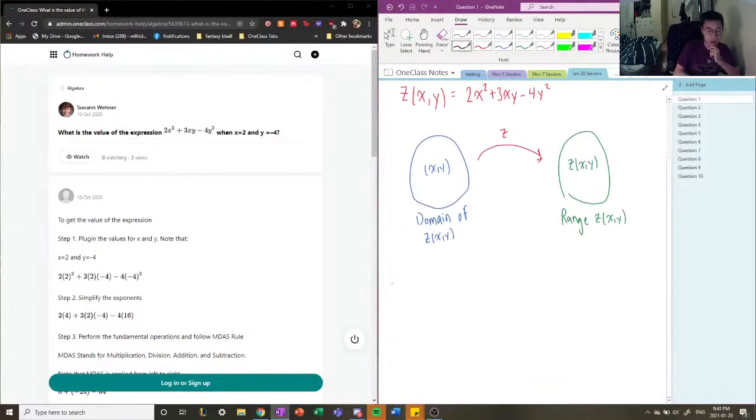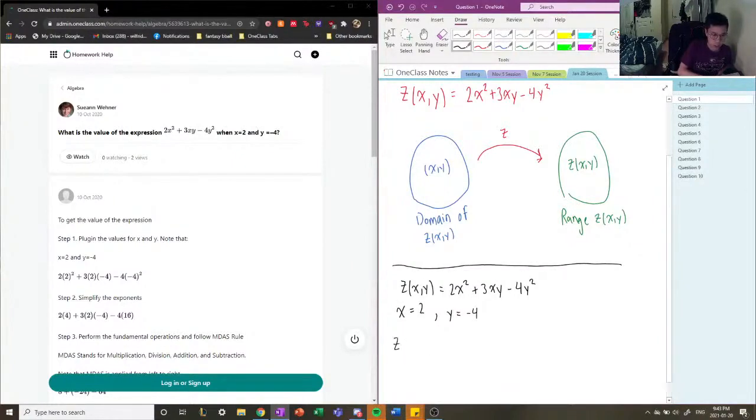So to evaluate your function, all you really need to do is plug in your value of x and plug in your value of y. So again, I'm going to write out our function here. z of xy is equal to 2x squared plus 3 times xy minus 4y squared. So x equals 2 and y equals negative 4, and what does that equal? z of 2 and negative 4 is equal to 2 times 2 squared plus 3 times 2 times negative 4 minus 4 times negative 4 squared.